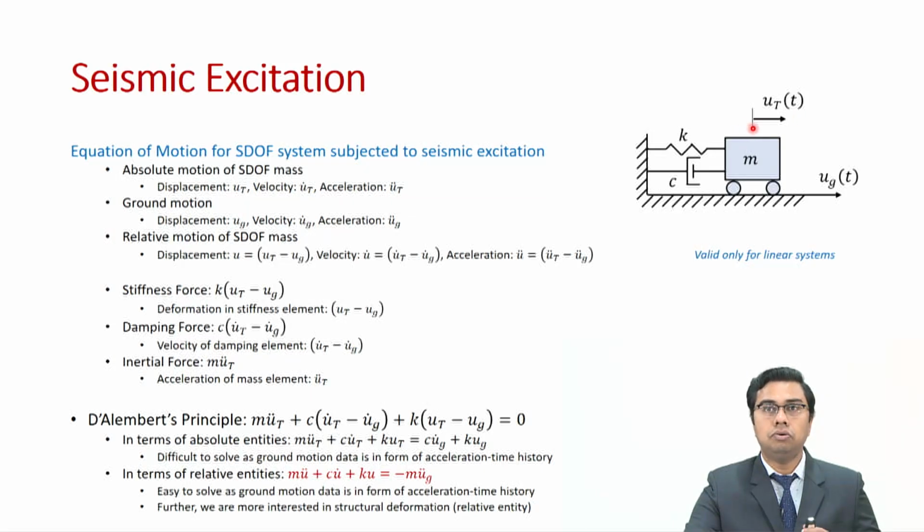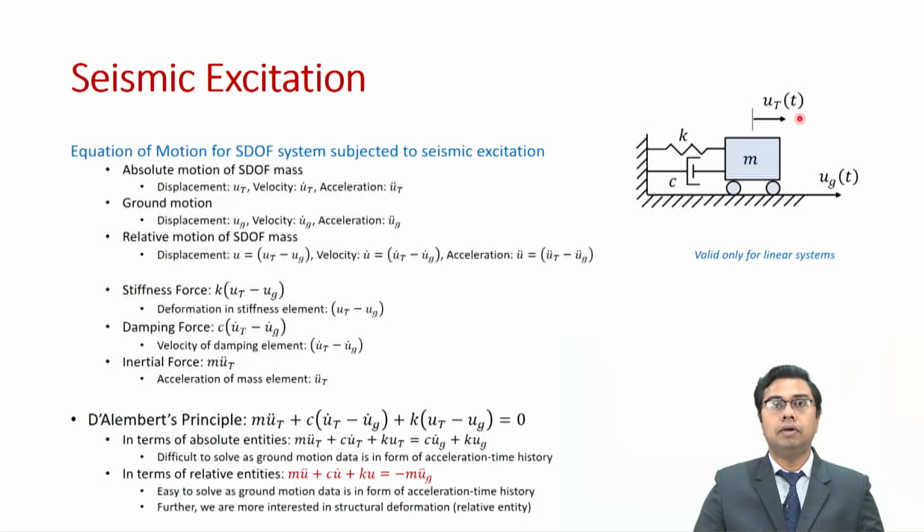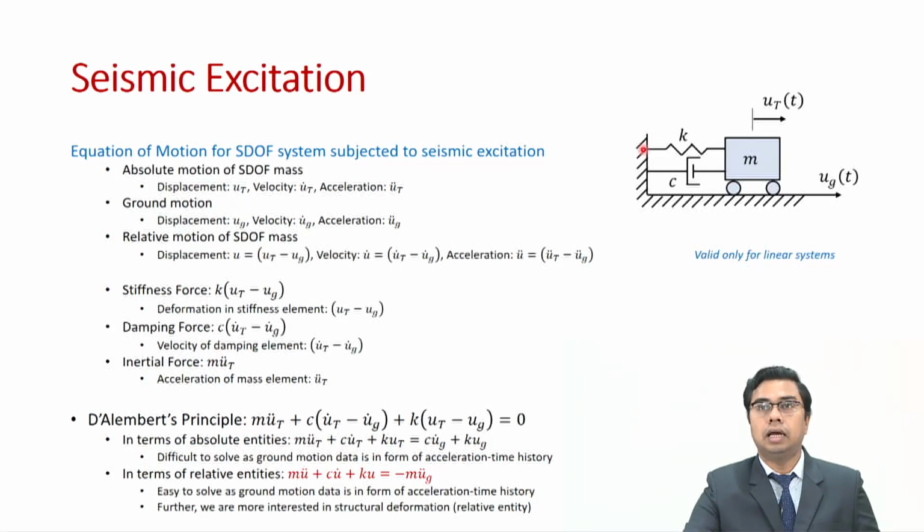The absolute displacement of this mass is given by ut, which is a function of time. So the absolute velocity will be given as u dot t and the absolute acceleration will be given as u double dot t, whereas the ground motion is represented by displacement ug, velocity u dot g and acceleration u double dot g.